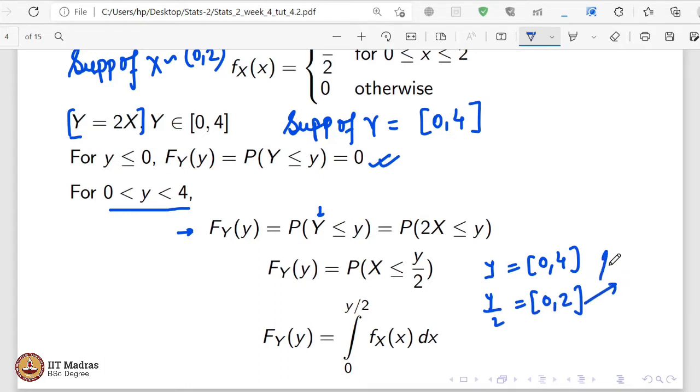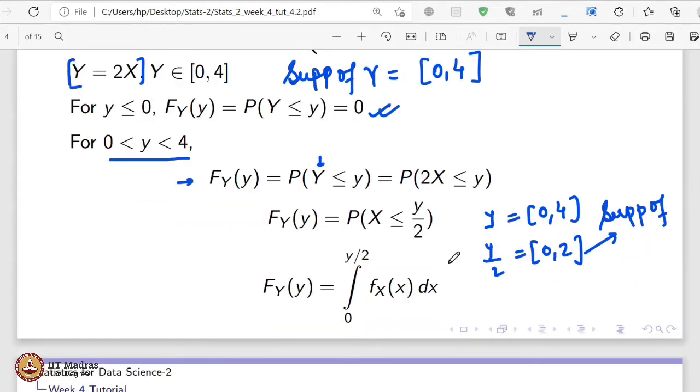And 0 to 2 totally lies in the support of x. So y by 2 is lying within the support of x, so we don't have to break the y. So for the probability of x less than or equal to y upon 2, we just have to integrate from 0 to y by 2, and we have the PDF of x.